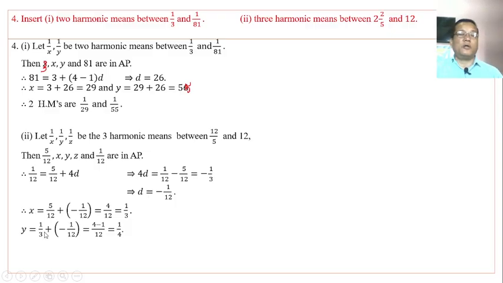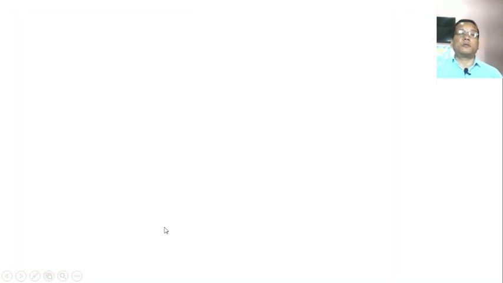The y value is the first term plus that is x, the common difference, so x value is 1 by 3 and the common difference is minus 1 by 12, simplified to 1 by 4. Then z is the y value plus the common difference, which is 1 by 6. These are the reciprocals, so the required harmonic means.